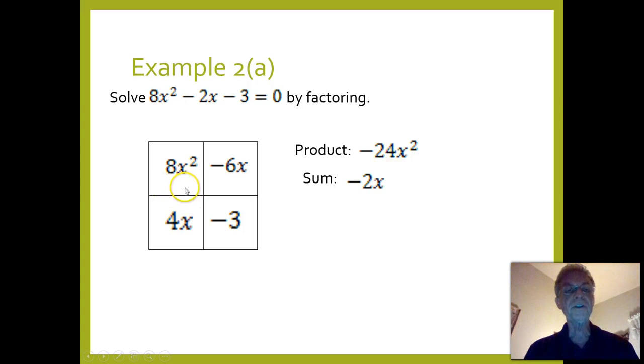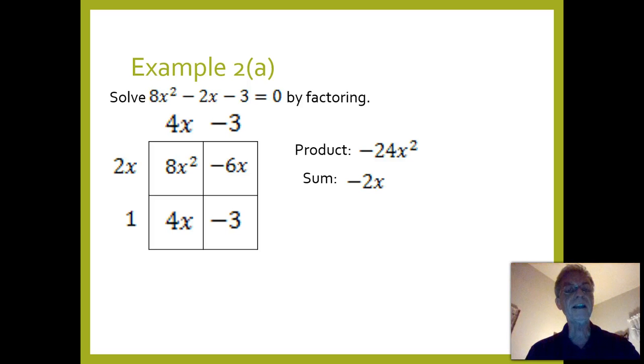So what we're going to do is take the first row. If you look at that, you're going to find a 2x in both of those. So we put a 2x out to the left. In the bottom one, there's not a common factor, so we're going to put a 1. Since the 4x is positive, the 1 will be positive also.